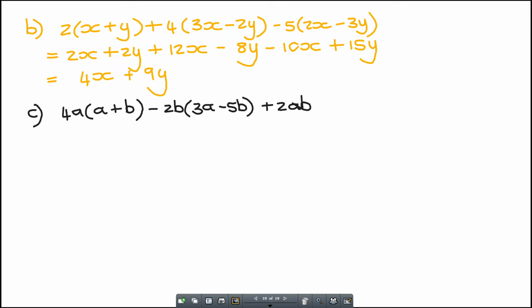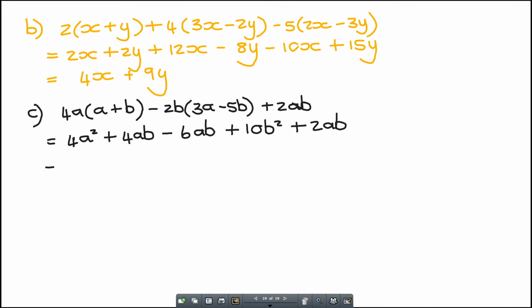Okay, right, so if I multiply in here, I'm going to get 4a squared plus 4ab minus 6ab plus 10b squared plus 2ab. Now we look for like terms. Okay, so 4a squared doesn't have any like terms, so it will stay 4a squared.